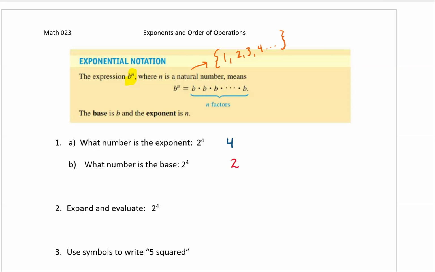Number 2, expand and evaluate 2 to the 4th. Expand means to write it out. So we have 2 times itself 4 times. Then to evaluate it, we need to multiply. 2 times 2 is 4, 4 times 2 is 8, and 8 times 2 is 16.